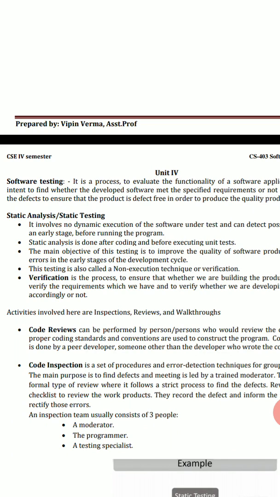As you can see, this is the definition of software testing that we have already discussed many times in the classroom lectures. Software testing is all about the verification of the software process and the final product, and the validation of the final product.